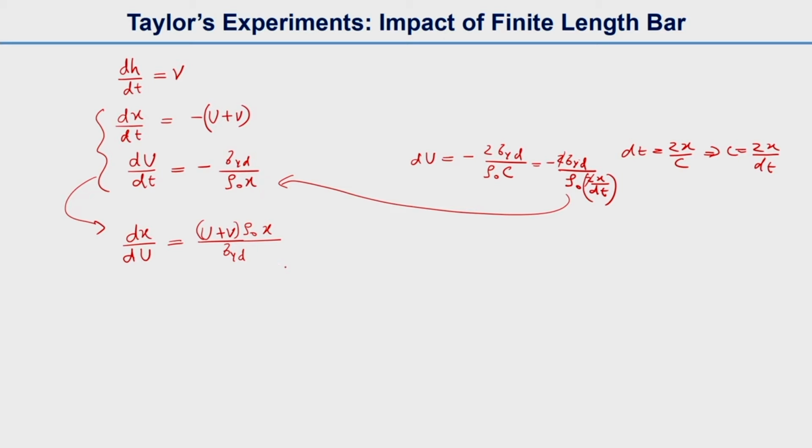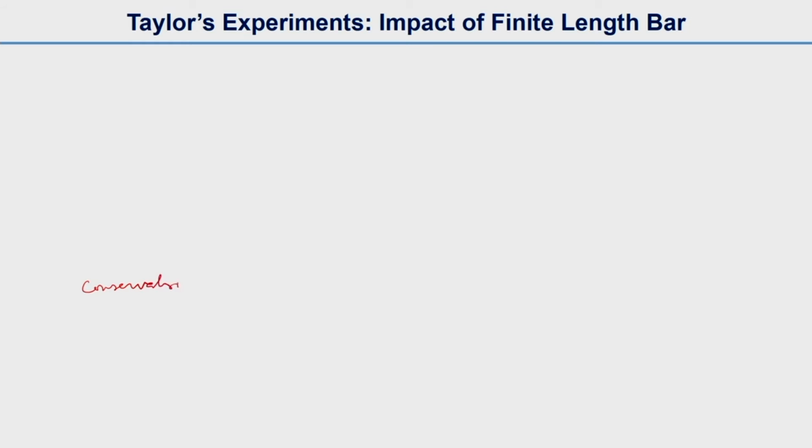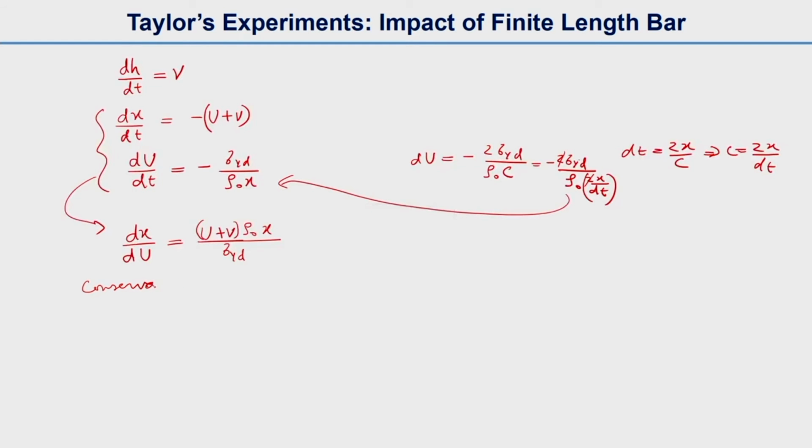But from the conservation of mass we know, what we discussed in the earlier classes, that plus a naught small v equals A v. That is why the area is different, because the plastically deformed part and the other part have different areas.